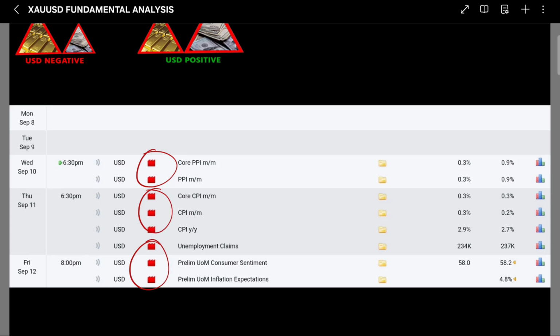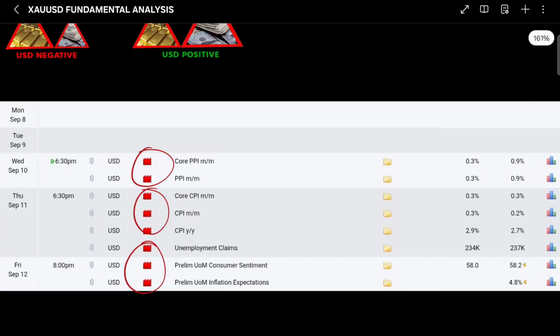If we learn how to use them on the gold chart, we can make a lot during fundamental news time, because the market basically moves a lot on fundamental news.